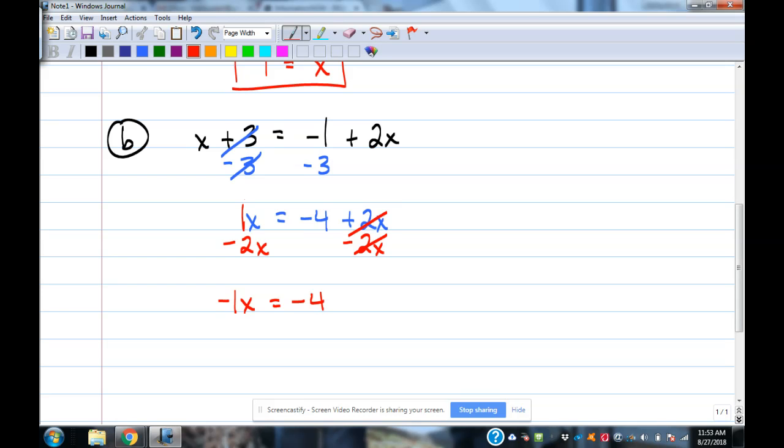Remember, that's there. And then, how do we get divide by what? Negative 1. Yeah, that negative 1 that's in there. And then that's going to give us x equals positive or negative 4? Why positive? Signs are the same, and you're either multiplying or dividing. The answer's going to be positive. Okay. Good job. Not bad at all.